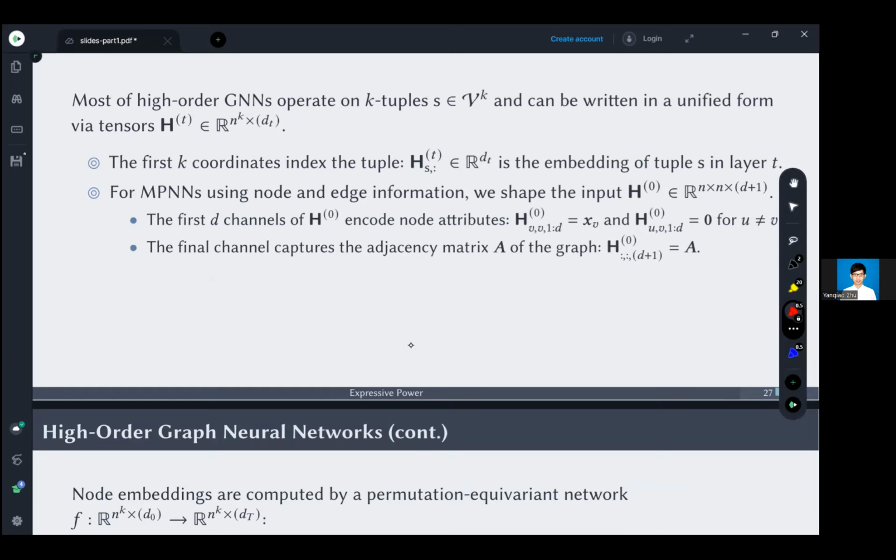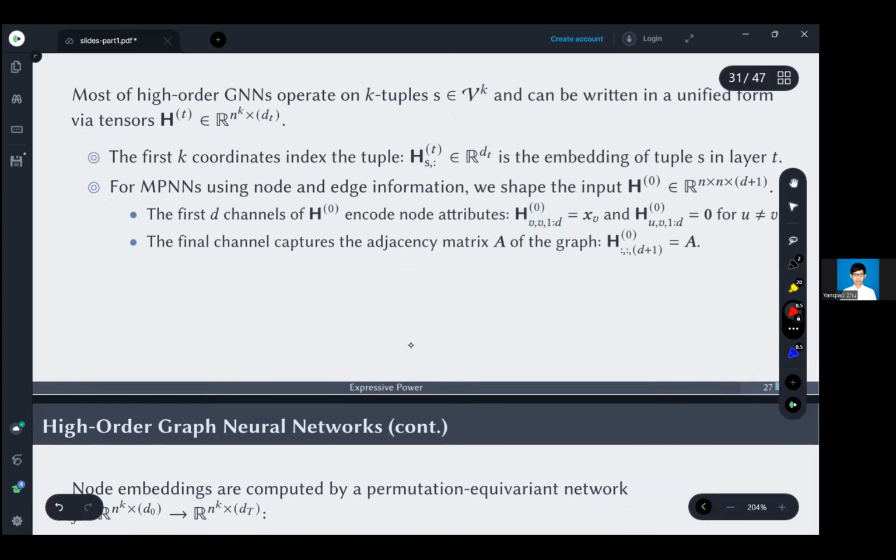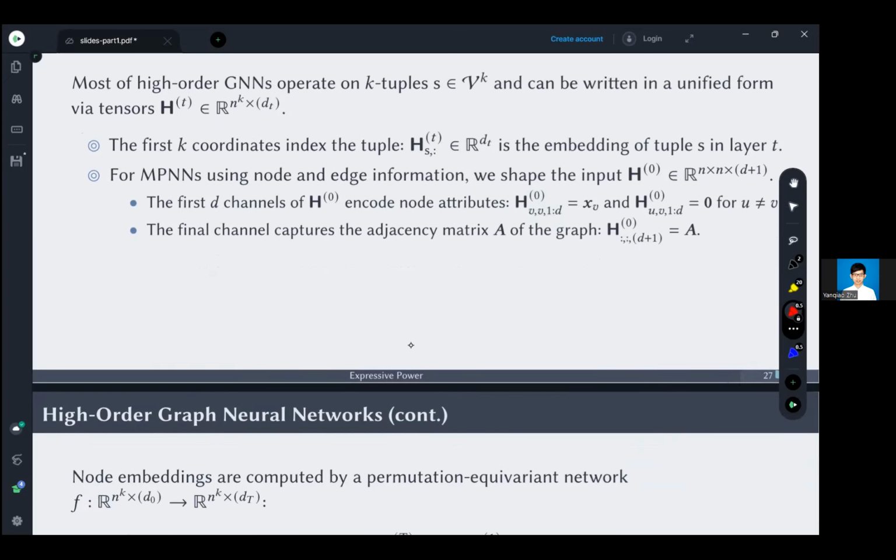For the input of the graph neural network model that uses node and edge information, we will shape the input data into a tensor as well. So how can we shape this tensor? We will use its first D channels for the node attributes.